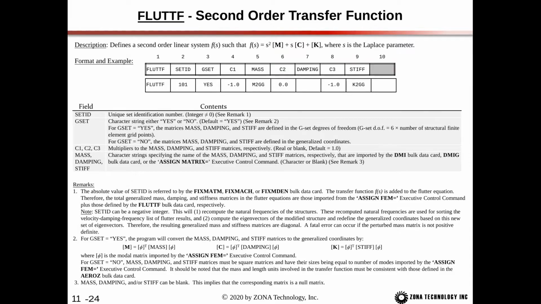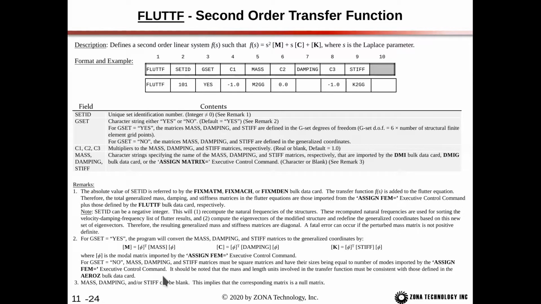Therefore, the resulting generalized mass and stiffness matrices are diagonal, and a fatal error can occur if the perturbed mass matrix is not positive definite. And then, as we said, for gset equals yes, ZEUS will convert the mass, damping and stiff matrices to the H set.